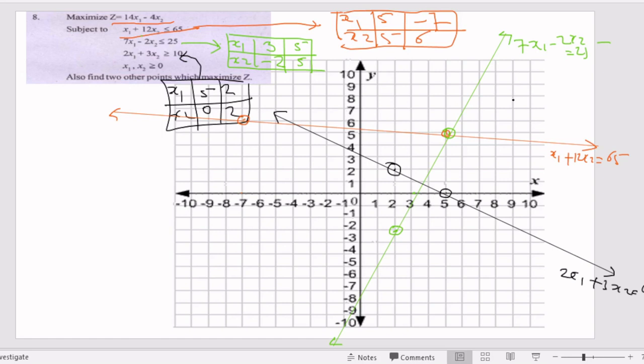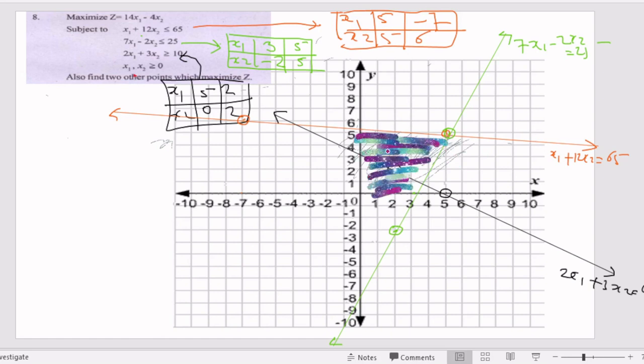When I say less than 65, it should come somewhere below this orange line, and in the first quadrant, because x1 and x2 are greater than 0. Second, the green line says 7x1 - 2x2 less than 25. Again, this will be on the left hand side.